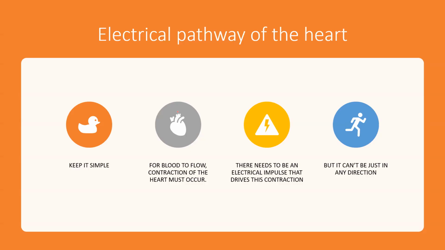It's usually what's called at the apex of the heart, and it goes down. The electrical pathway goes down from the right atrium. It stimulates both the right and left atrium simultaneously, and then it goes down to the ventricle. So it's a very quick process, but basically it goes from the top of the heart to the bottom of the heart.